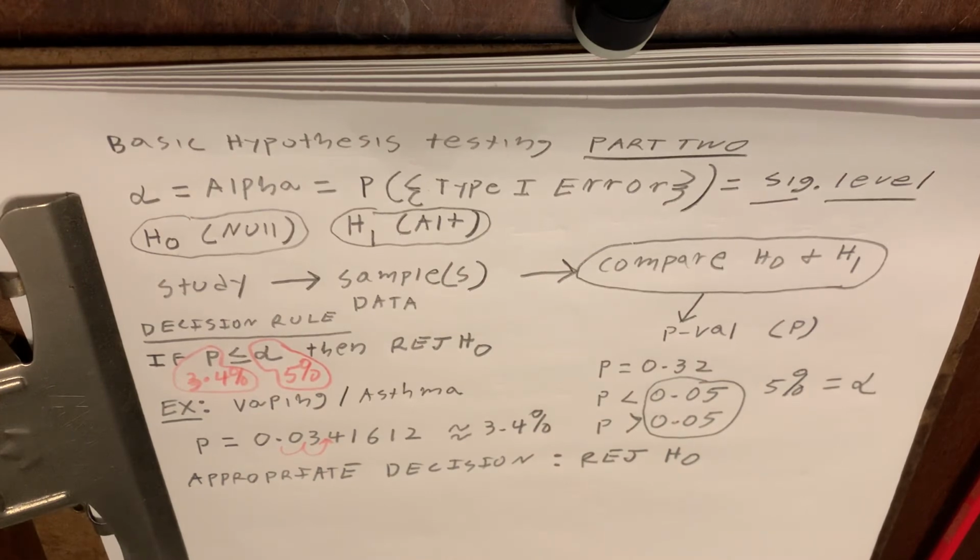Now, if you remember from my first video, when you have a basic two-sample design like an experimental group and a control group, or cases and controls, or is there a link between this and that, the null hypothesis is always that there's no link between this and that, and the alternative hypothesis is always that there is a link between this and that.